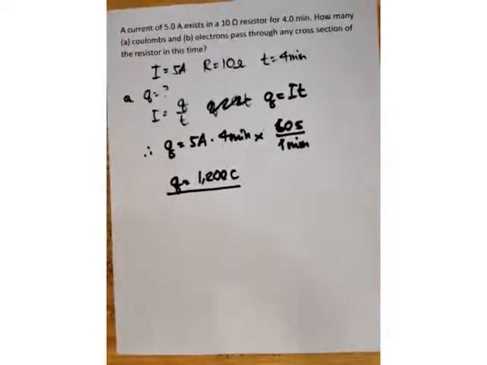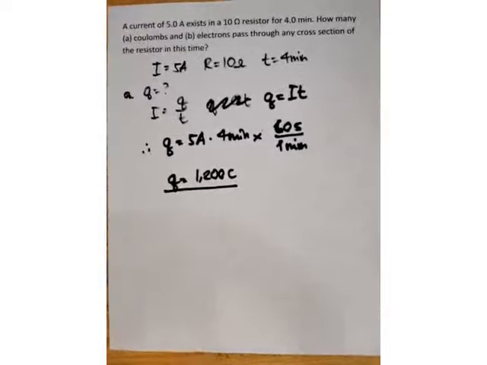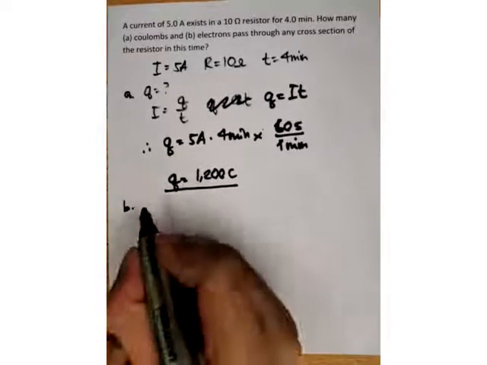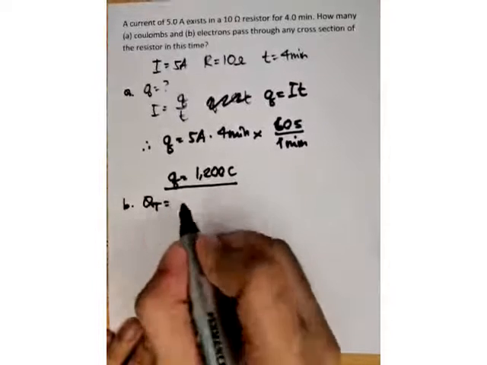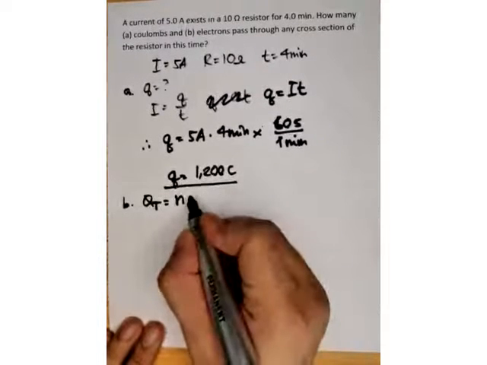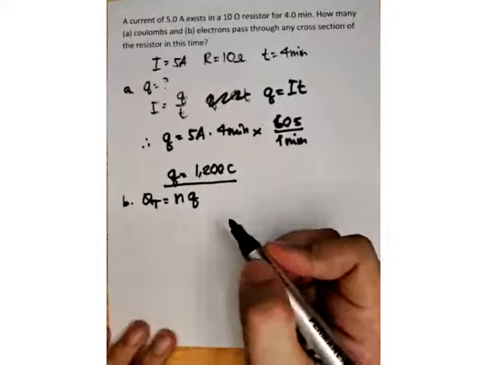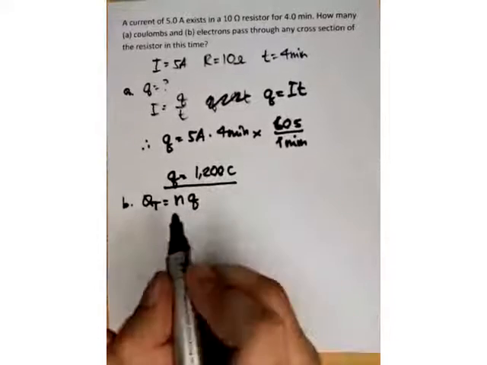Okay. Letter B. Ang question naman dyan sa B ay, ilan namang electrons yon? Naalala niyo yung Q total natin on the quantifying of charges? Yung Q total equal siya sa number of charge times the charge of each. So, yung number niyan is equal to Q total over yung charge of each.